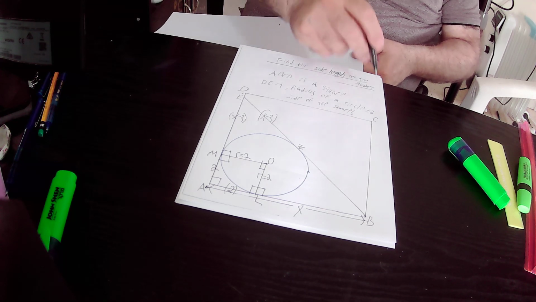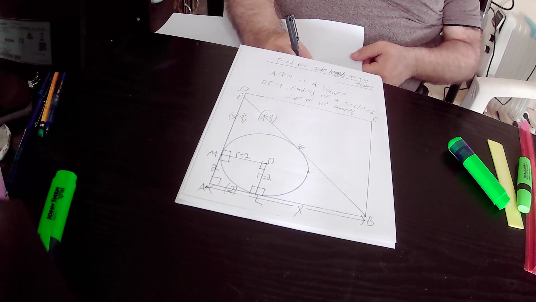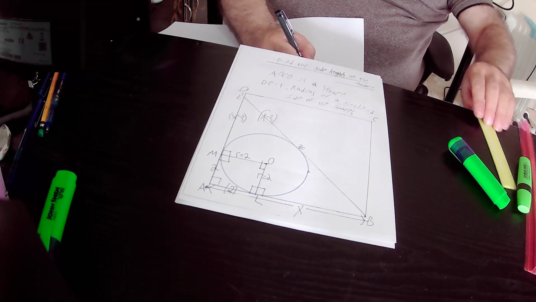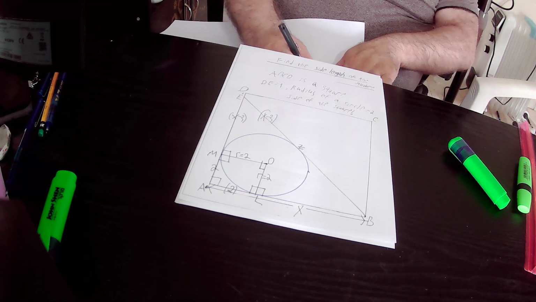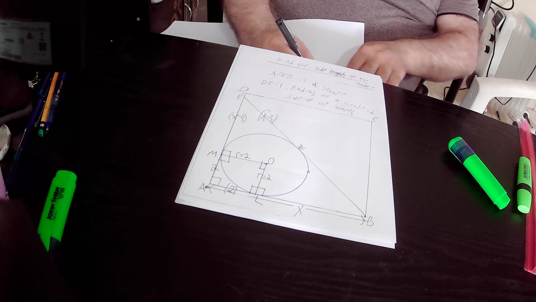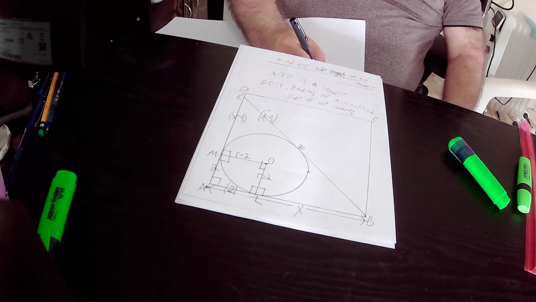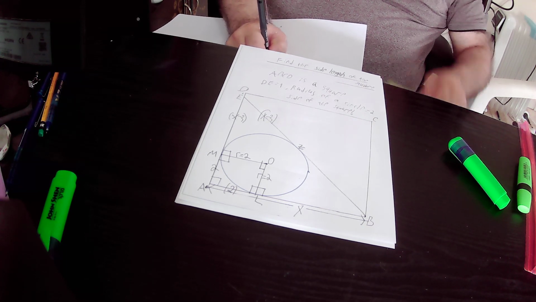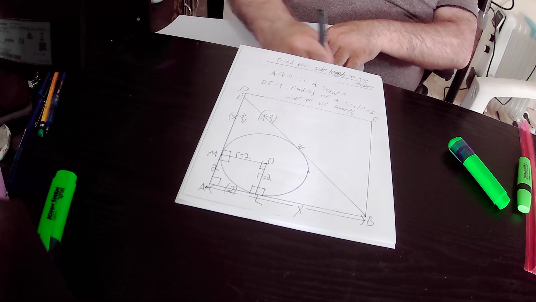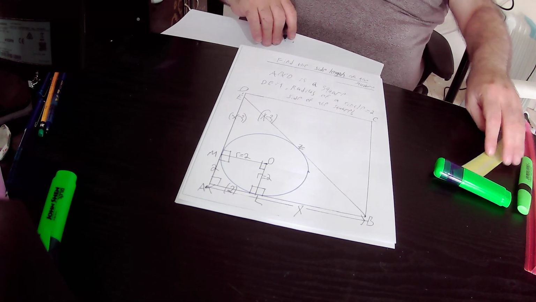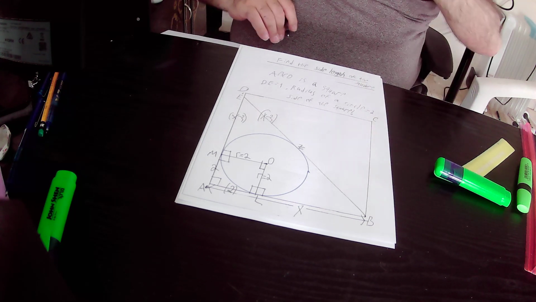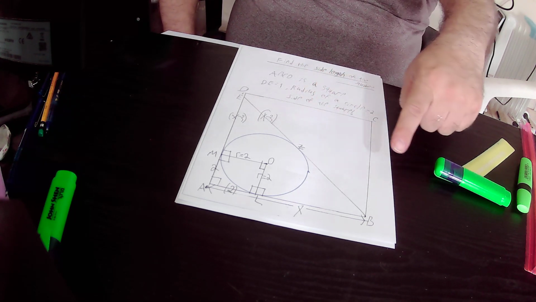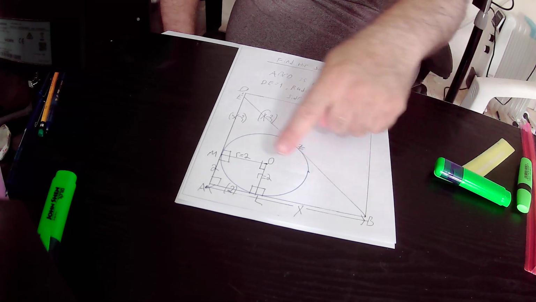From the common external point B we have two tangents to this circle. The first tangent from point B is BL.